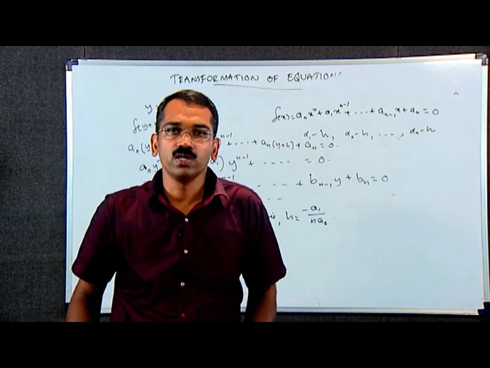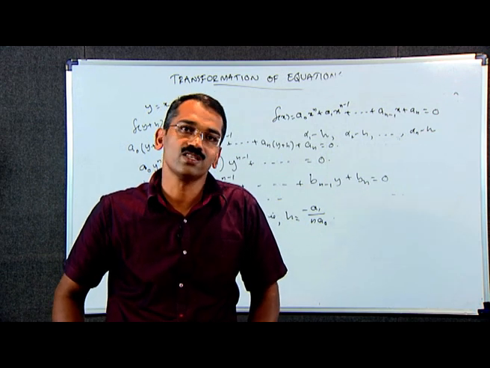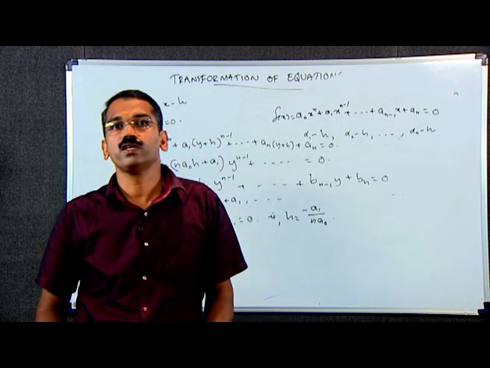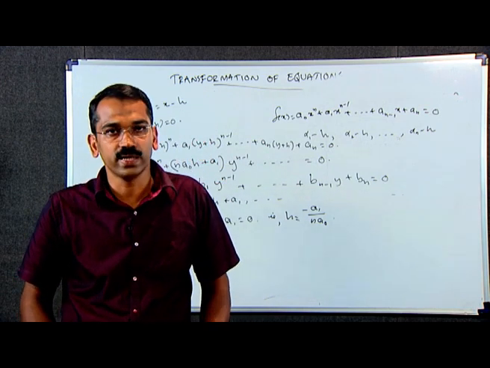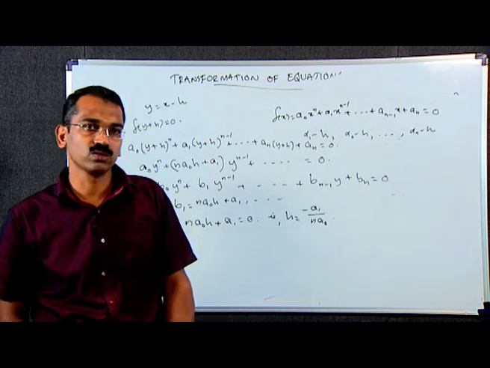Thus, if we want to remove the second term, that is the term in y raised to n minus 1 from the transformed equation, the roots of the given equation must be diminished by h is equal to minus a 1 divided by n into a naught.